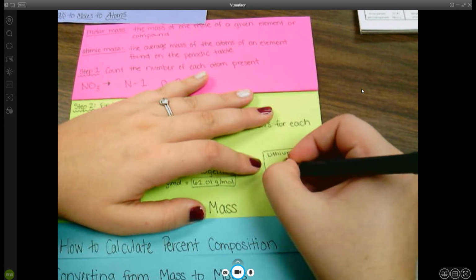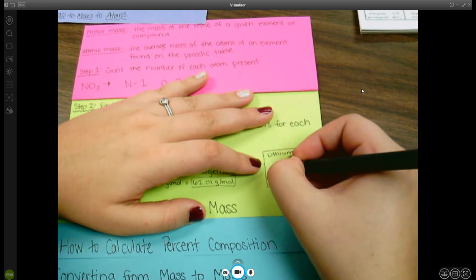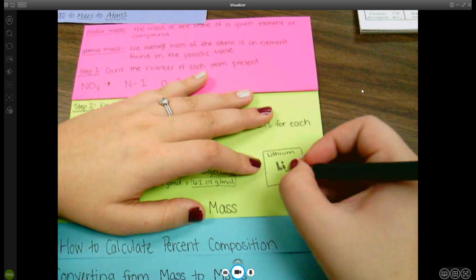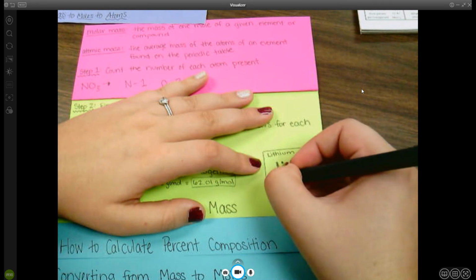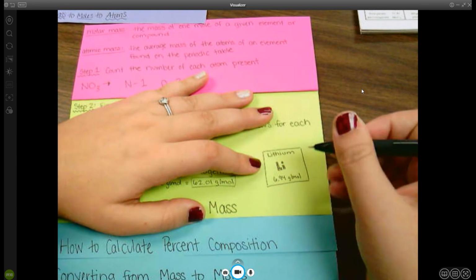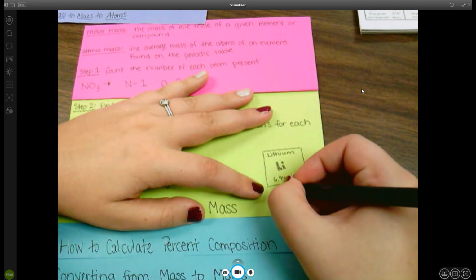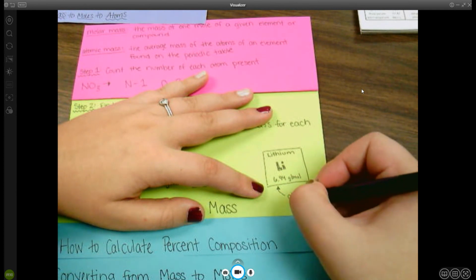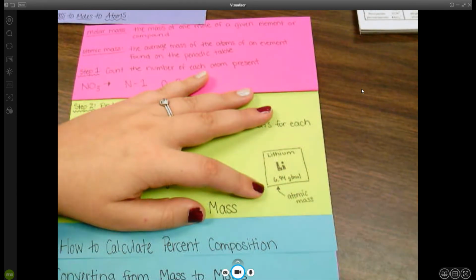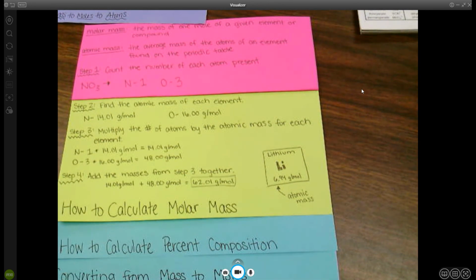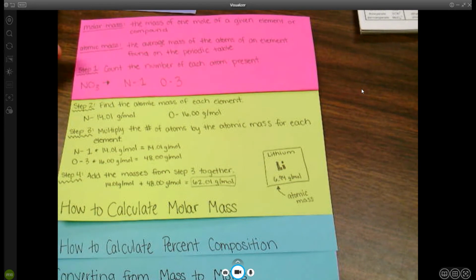It has its symbol, Li. And then it has its atomic mass, which is 6.94 grams per mole. And that's at the bottom. And we just need to remember that, hey, this number is the atomic mass. So if I were you, I would make this little key for yourself so you remember. If you don't want to, you don't have to. I'm not going to make you.